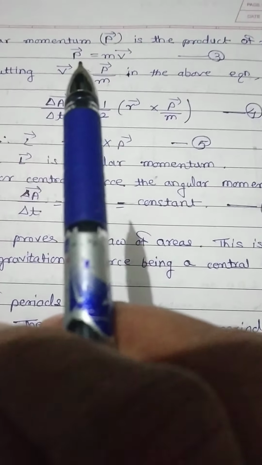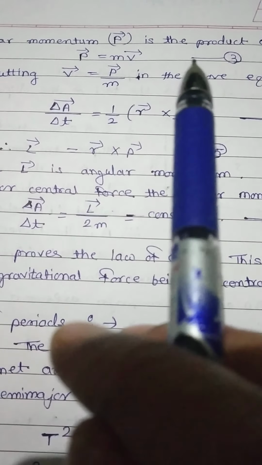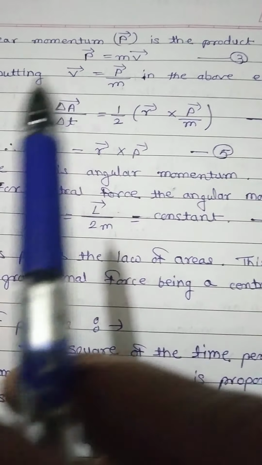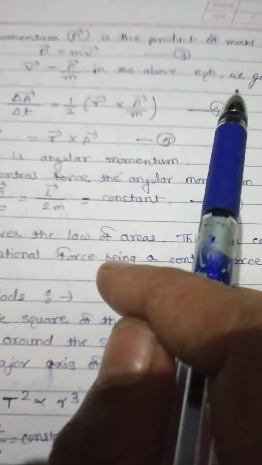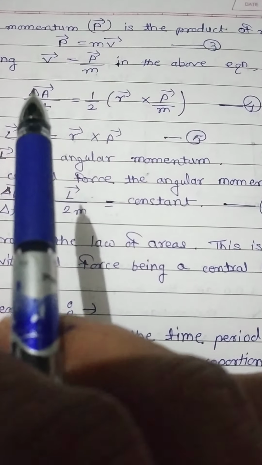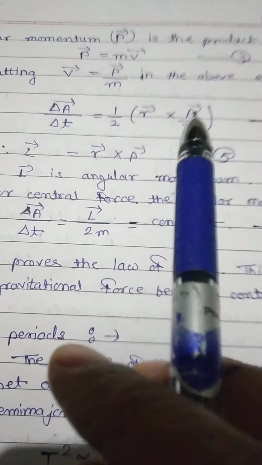The linear momentum p vector is the product of mass and velocity: p vector is equal to m times v vector. Equation number 3. So v vector is equal to p vector upon m. Putting this in the above equation, we get delta A vector upon delta t is equal to half r vector cross p vector upon m.